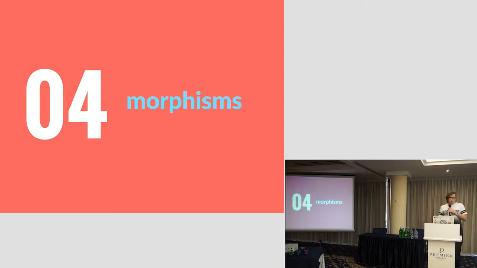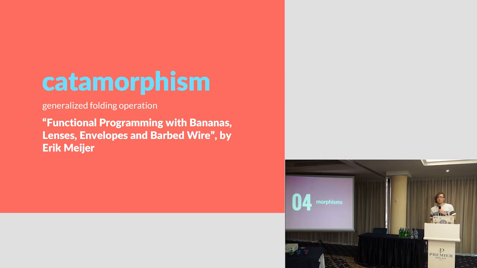This arrow is called a morphism, and what we really need is folding, because we want to fold a lot of values into one query. There is a weird name, catamorphism, and in human language it's just a generalized folding operation. It's when we get rid of all specific logic and have a definition of the folding operation.